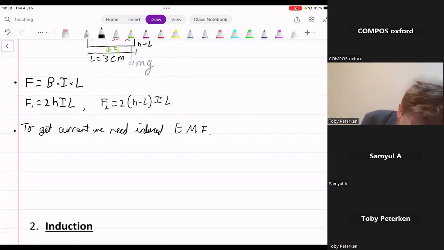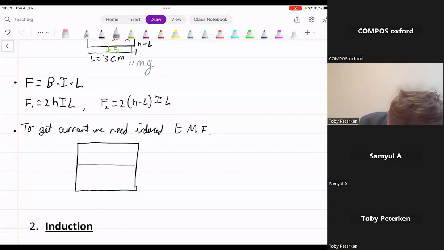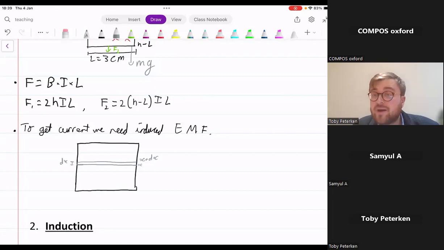So if we draw a loop here, at a particular height, let's look at a little thin band between x and x plus dx. This band has a tiny thickness dx. The magnetic field strength is basically constant all throughout this thin band.